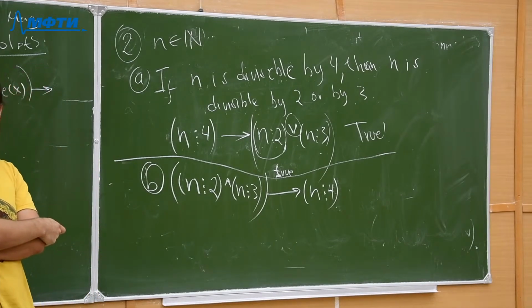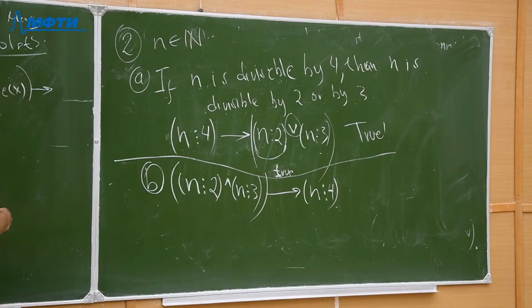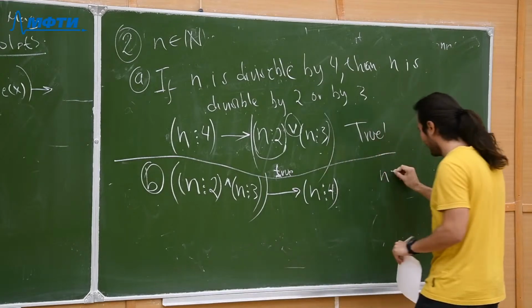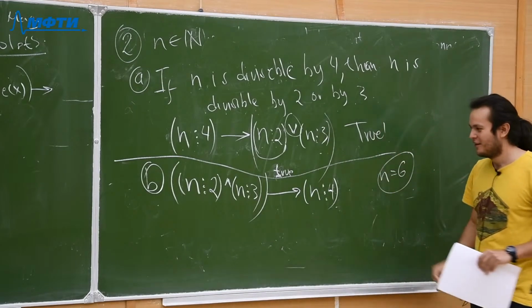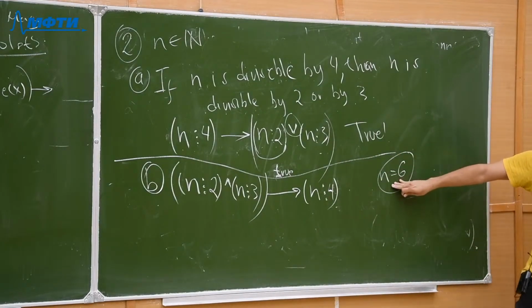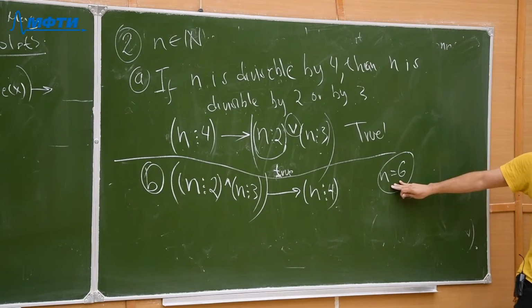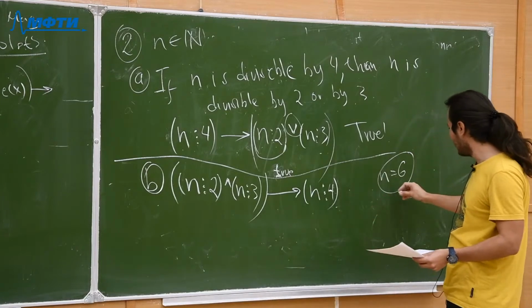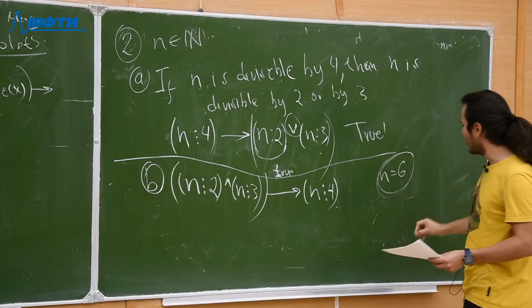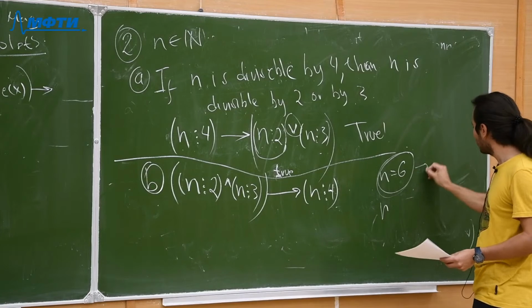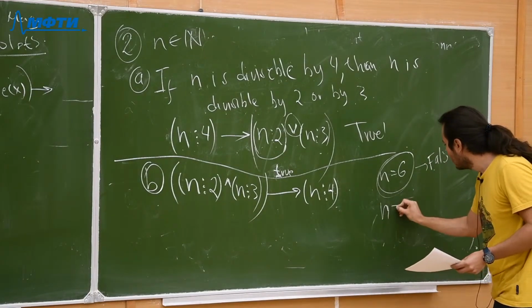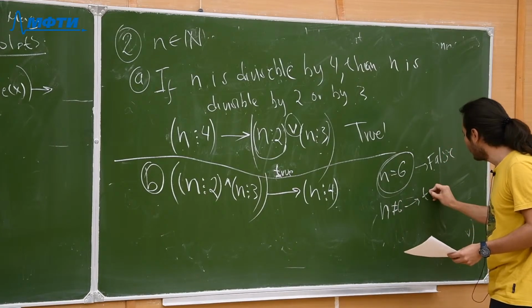Think about it. What about n equals 6? So for n equals 6, it's not true. So in general, this is false. But for n different than 6, this is true. Okay?